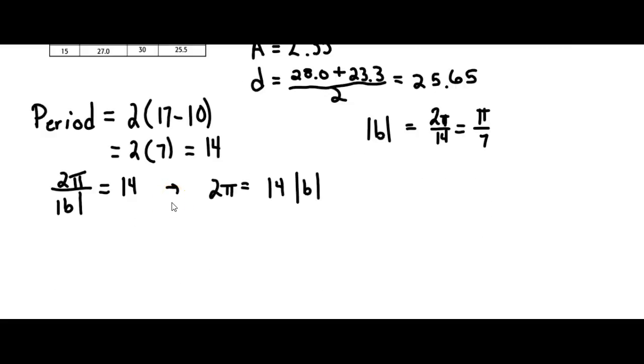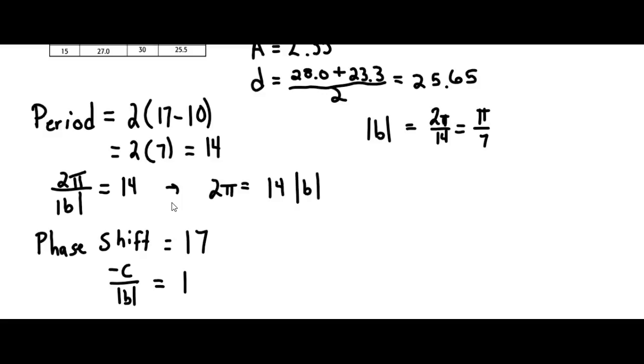Finally, if we're choosing to use cosine, we know cosine hits its maximum value at 0, whereas our graph hits its maximum value at 17. So that means our phase shift is 17. Recall that the phase shift is also equal to negative c over b.